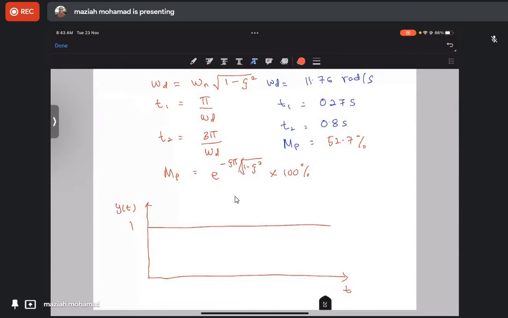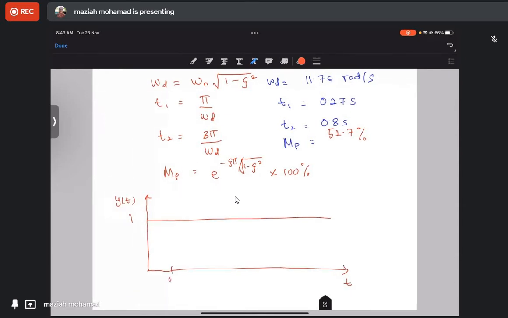So let's say this is 0.5 and this is 1. 0.27 will be around here, and then 0.8 will be around here. 52.7% is equivalent to 0.527.